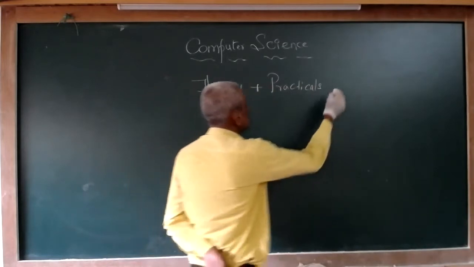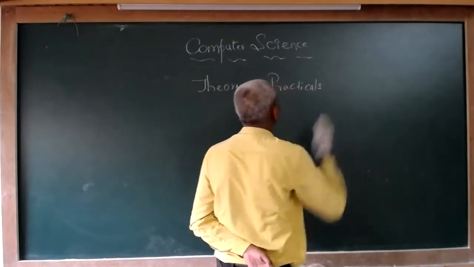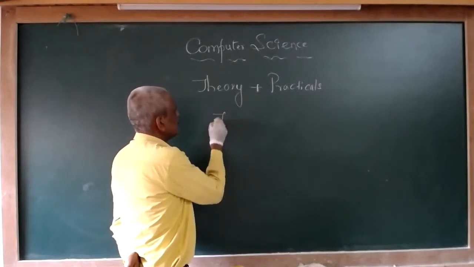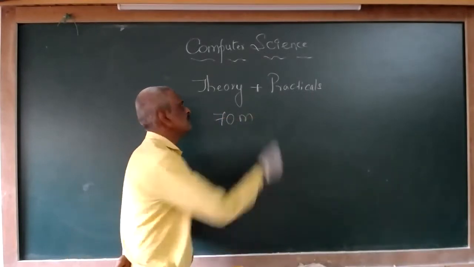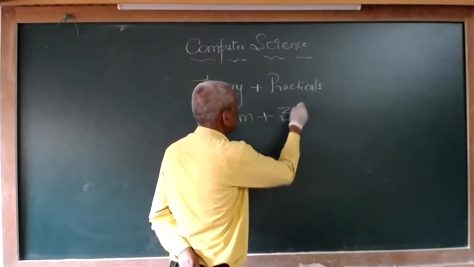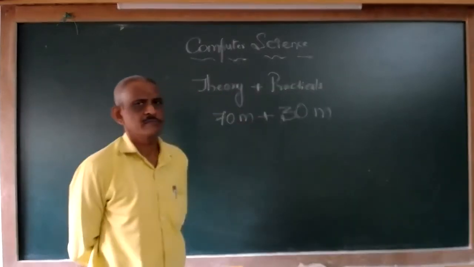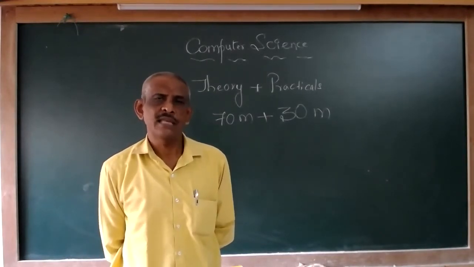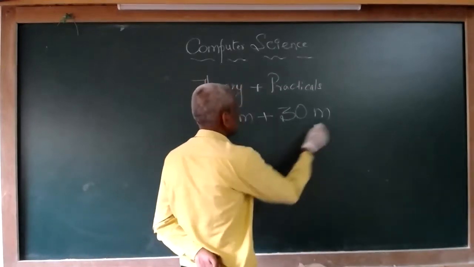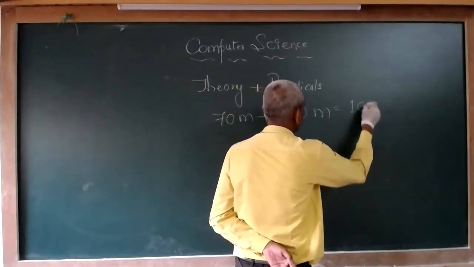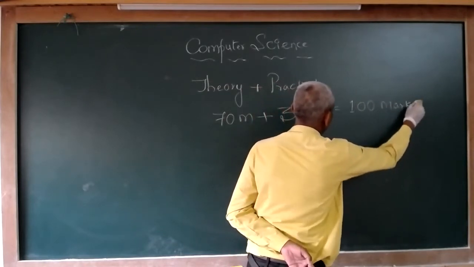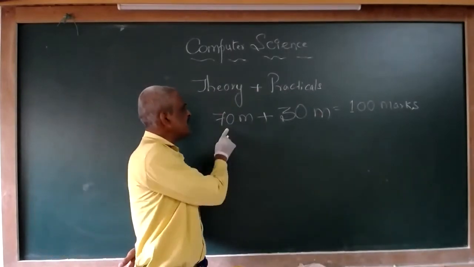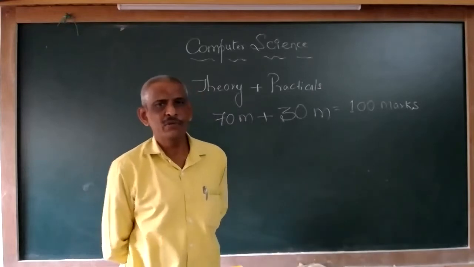In theory, there are 70 marks, and for practicals we have 30 marks. Theory 70 marks, and practicals 30 marks. Probably you will get 100 marks in total. So in this 70 and 30, what should we learn in PUC first year?